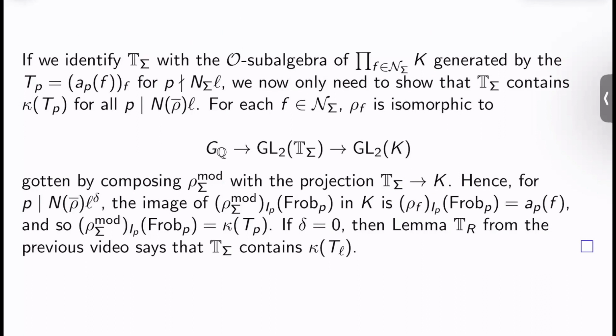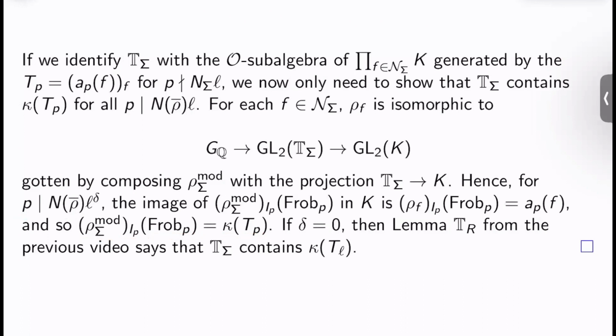Hence, for primes p dividing N of rho bar times L to the delta, where delta was defined in this video, the image of rho mod sub sigma restricted to inertia at p of Frobenius at p in K is actually just rho sub f restricted to I sub p of Frobenius at p, but we already know what that is. That's A sub p of f. That just tells me, though, that rho mod sigma restricted to I_p of Frobenius at p is kappa of Tp.